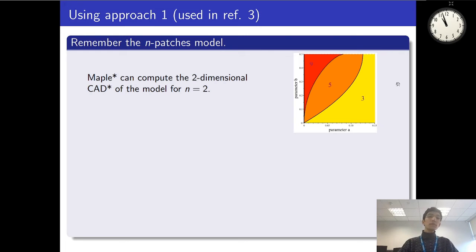Okay, that was good. But unfortunately for 3 patches, the computation could not finish. This algorithm has double exponential complexity, and what happened for our case was that the memory of the computer got full. So after some point, there was nothing more happening. Okay, so did we give up?